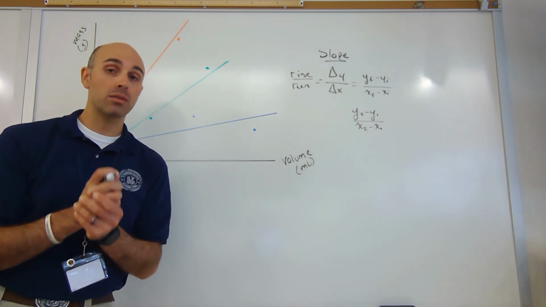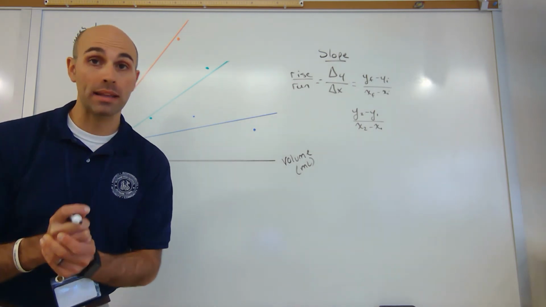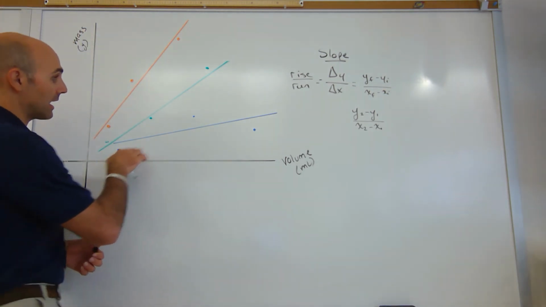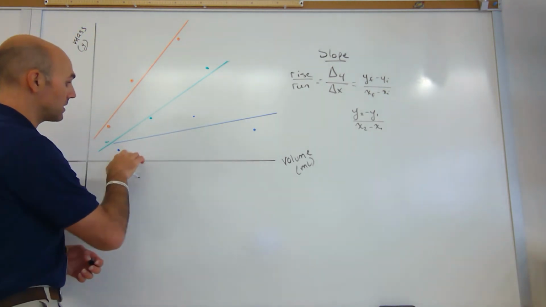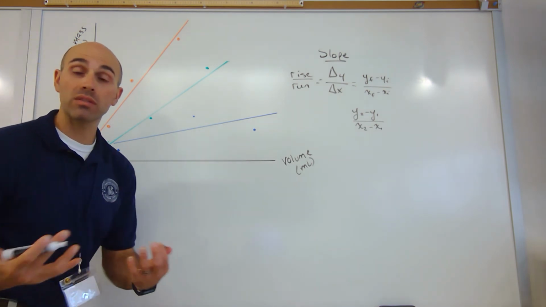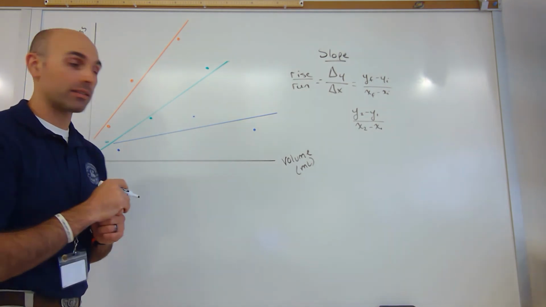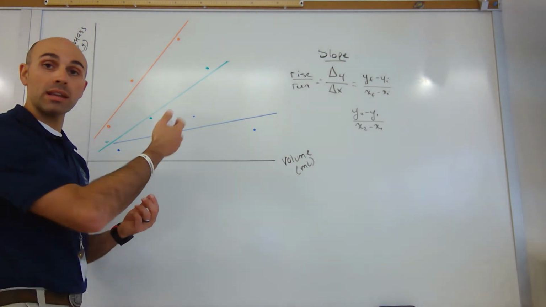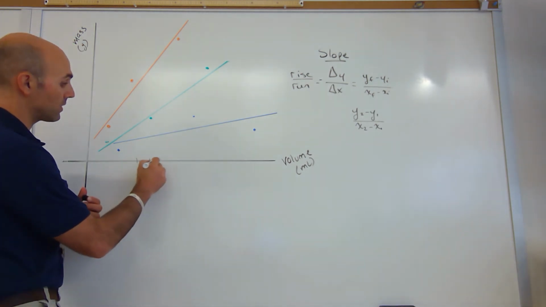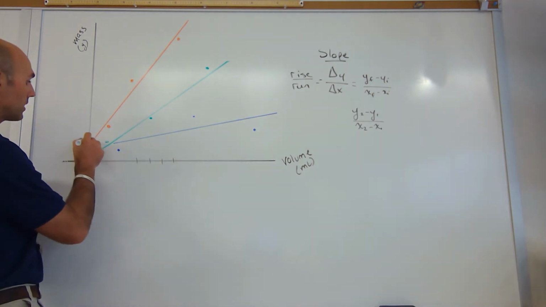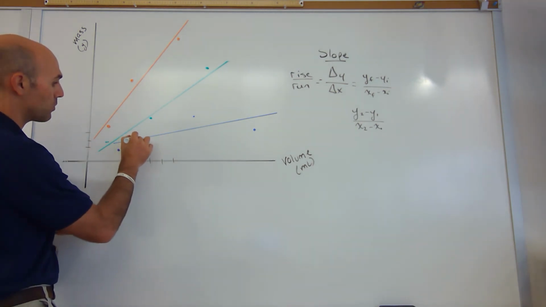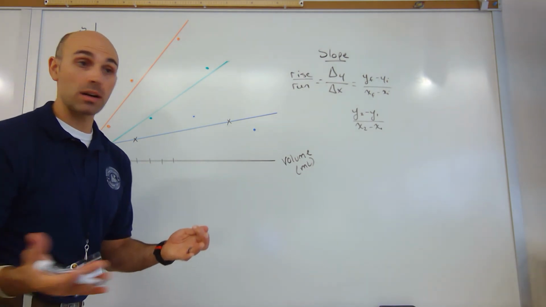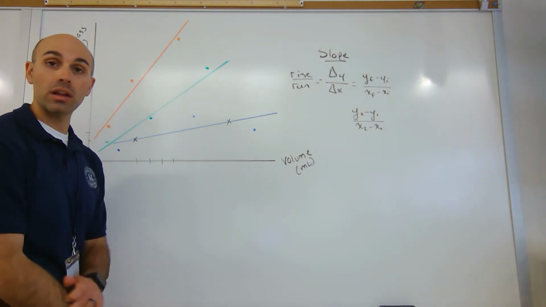You need to pick 2 points on each trend line. Again, they are not going to be your data points because your data points don't fall on the trend line in this case. So depending on where your trend line is with your graduations on each side, you're going to want to pick 2 points that fall perfectly on graduations on your x and y axis that also fall on your trend line.